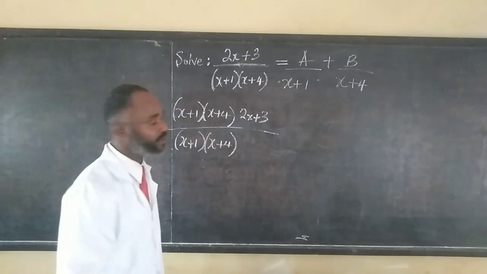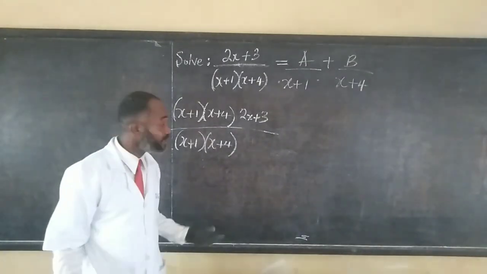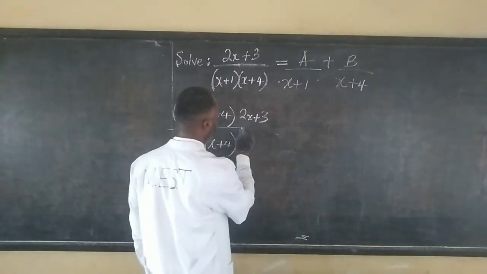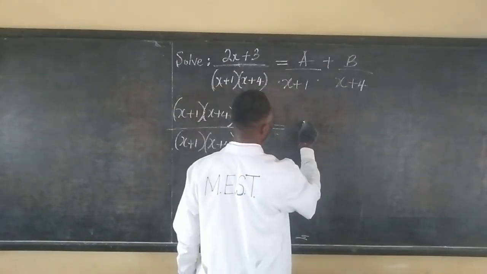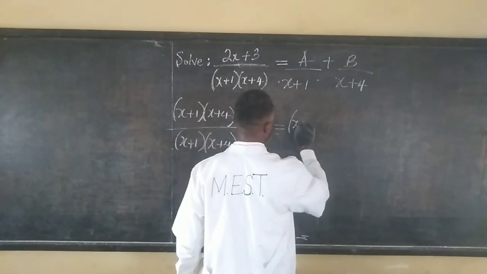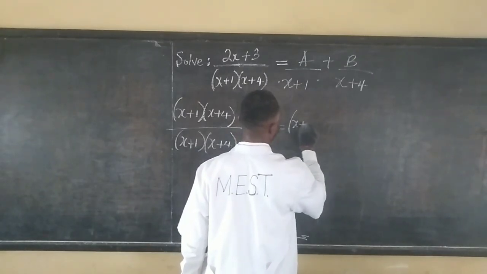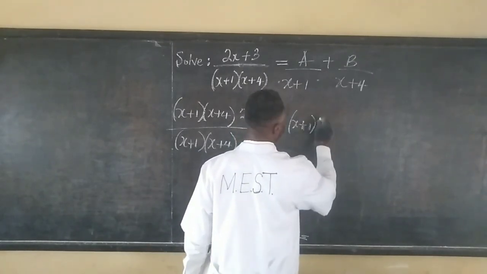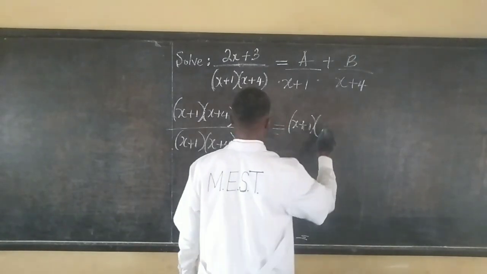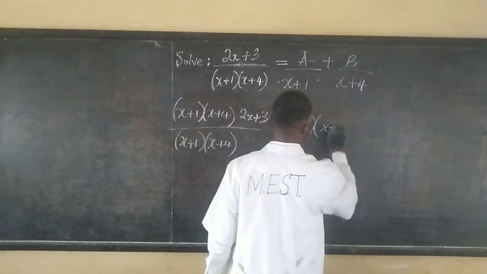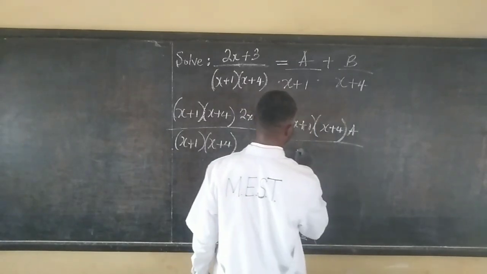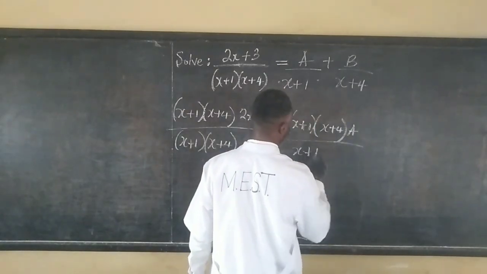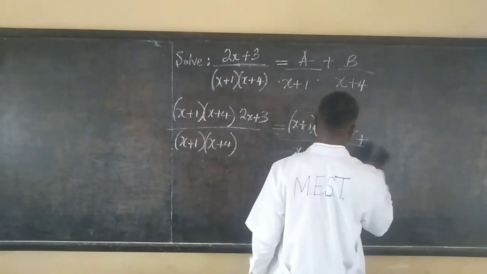Do the same thing on the other side. That is it. That is just it. So we have this equivalent to A. So what do we do here? Bracket x plus 1, bracket x plus 4, bracket close, and we have A all over all that.